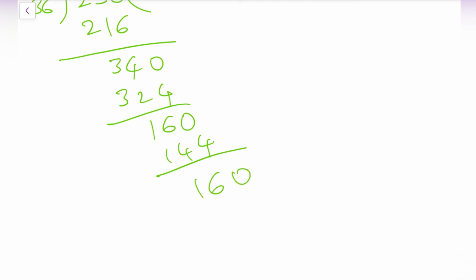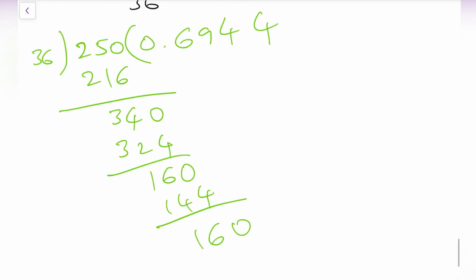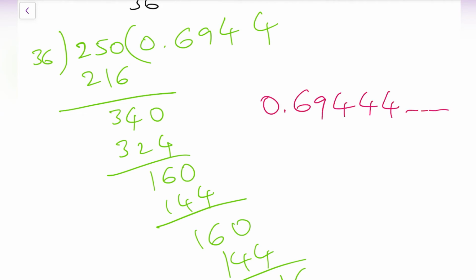Again 16 won't come, so 0. 36 4s are 144, again 16. It continues like that only, so we can conclude it as 0.694444 and so on. So this only we can write as 0.69, 4 only repeating, so 4 bar.